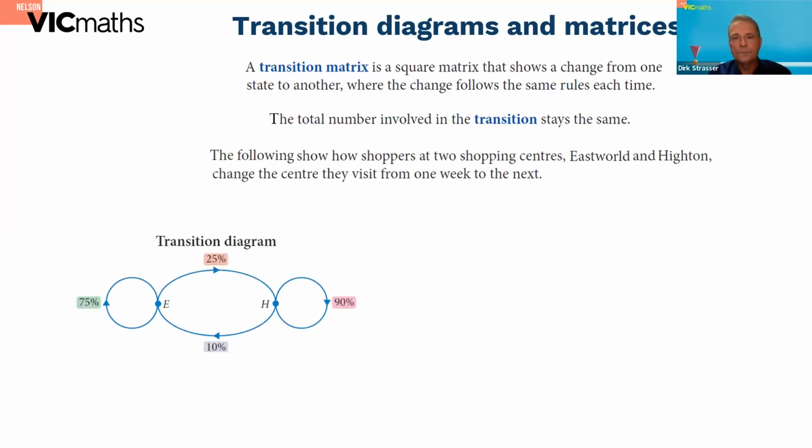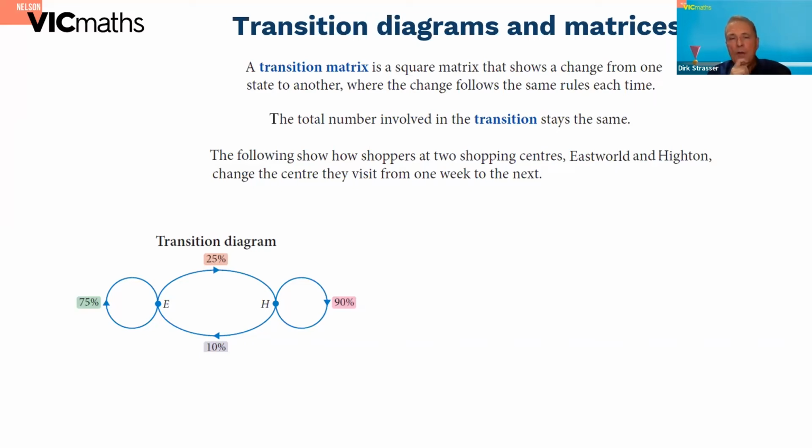The important thing with transition matrices is that the total number involved in the transition stays the same, and that's often lost on students. So nothing gets added, it just gets moved around.